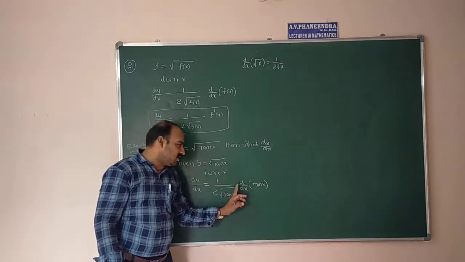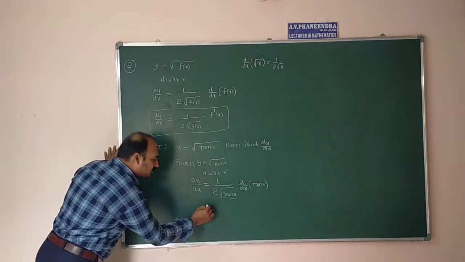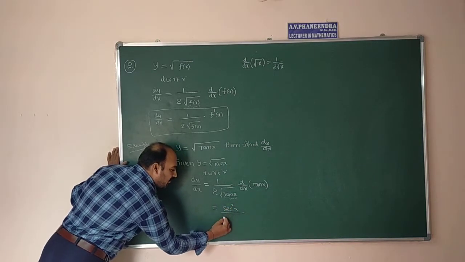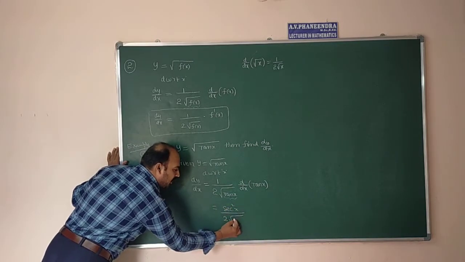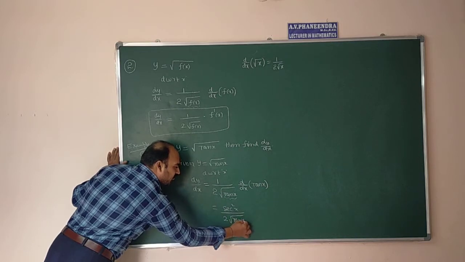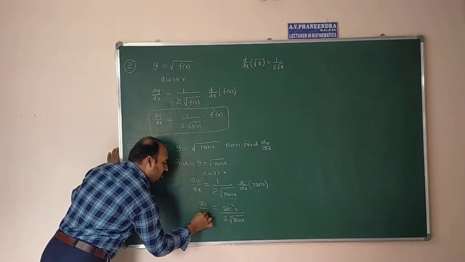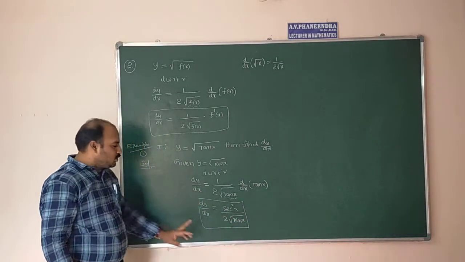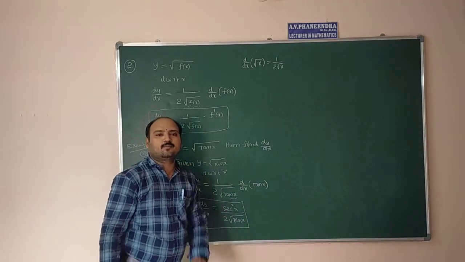So d by dx of tan x is secant square x. So secant square x divided by 2 into root of tan x. So dy by dx is equal to secant square x by 2 root tan x.